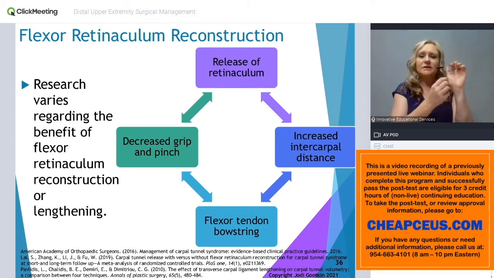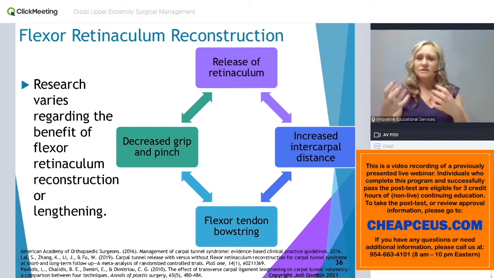Oftentimes they'll do a little zigzag inside the retinaculum to allow it to lengthen. Others may put a little silicone sleeve over it because we don't want all those tendons to bowstring or fall out as the patient performs their movement. We still need that length-tension relationship maintained while debulking where that nerve compression is occurring.